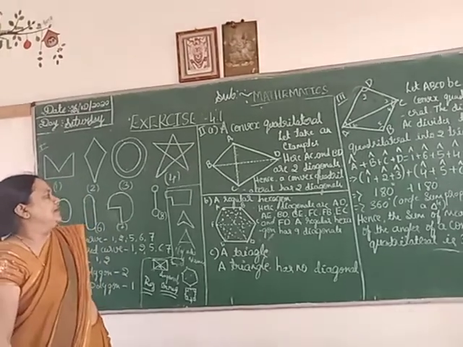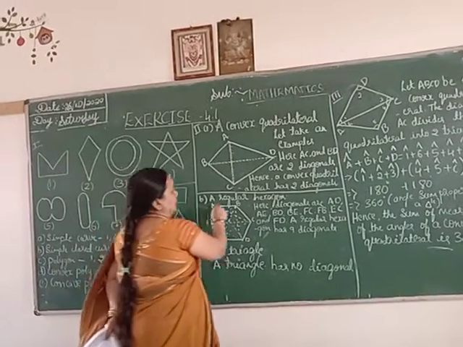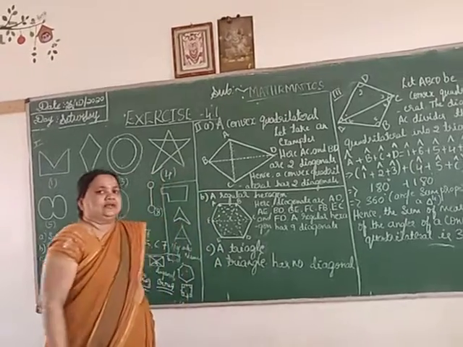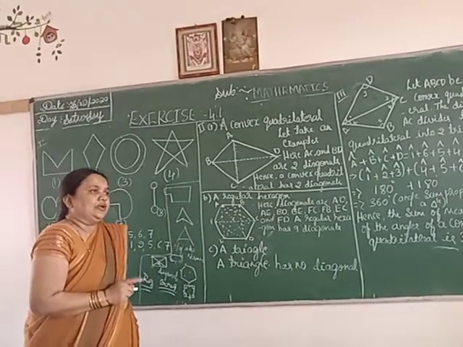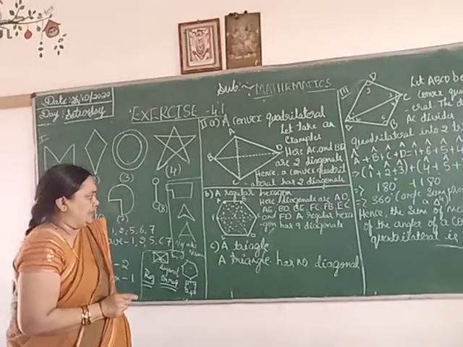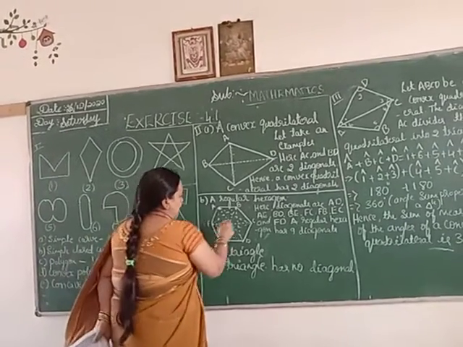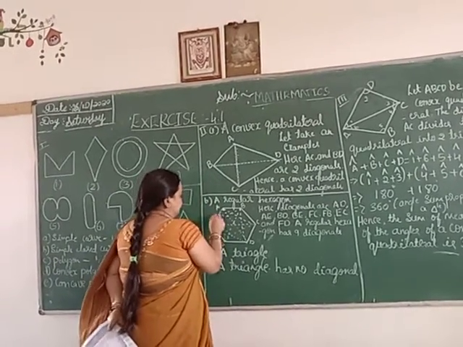Understood now, children? Now we will go to a regular hexagon. What is a regular hexagon? Its angles should be equal and its sides should be equal. I have taken a rough figure here, of course.